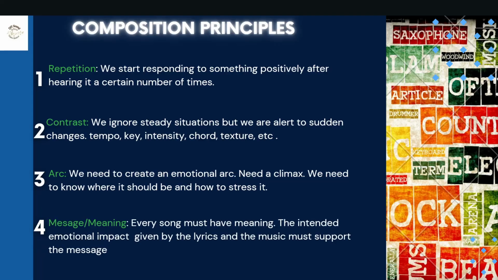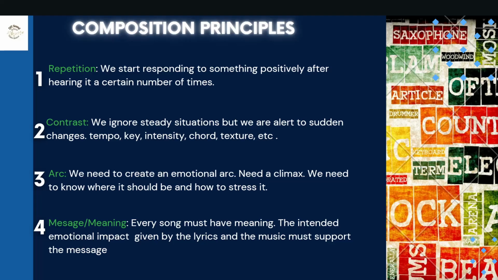Guideline number 4: any type of music must have a message or a meaning. It doesn't really matter if you're talking about a song which has lyrics or something that is instrumental music. We need to be able to transmit meaning through the composition.